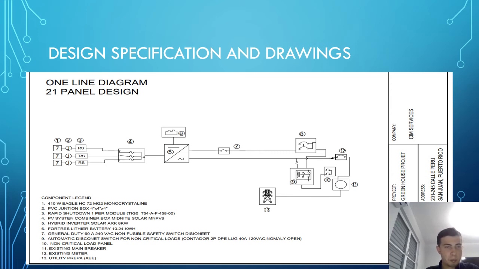We have the 7 panels in 3 strings, the junction box, the rapid shutdown, the combiner box, the inverter, the backup battery, and the general duty non-fusible safety switch disconnect, and the automatic disconnect for non-critical loads and the non-critical load panel, the existing main breaker, and existing meter, and utility.